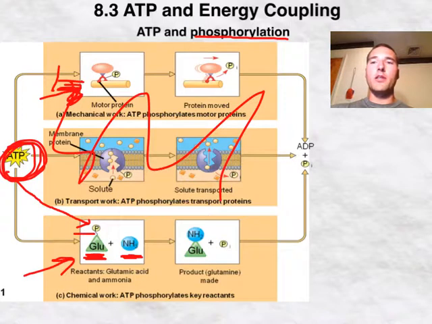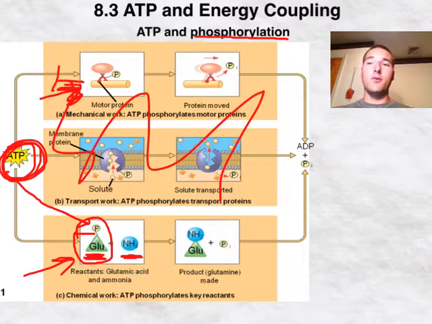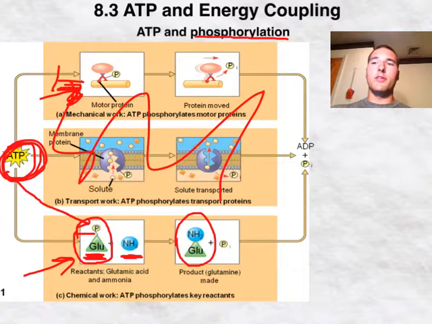There's a little bond right there that I'm pointing to. That bond is energy, and so now this phosphorylated glutamic acid is not very stable. And because it's not very stable, it's more likely to react. And so this reaction now becomes favorable, because we added that phosphate to it.